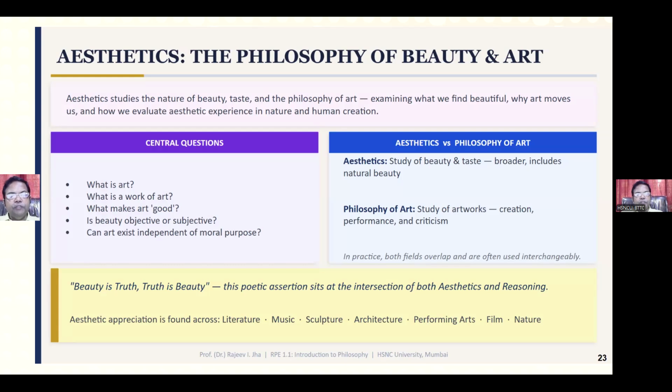The central questions of aesthetics: what is art? What makes good art? Is beauty objective or subjective? Can art exist independently of moral purpose?